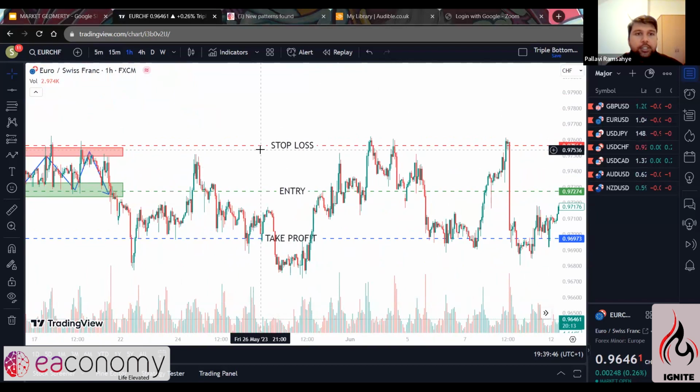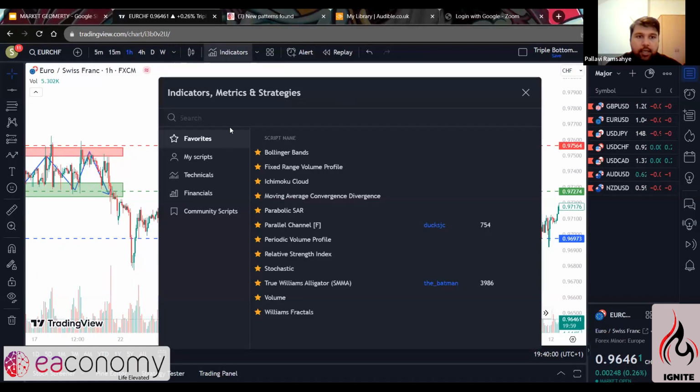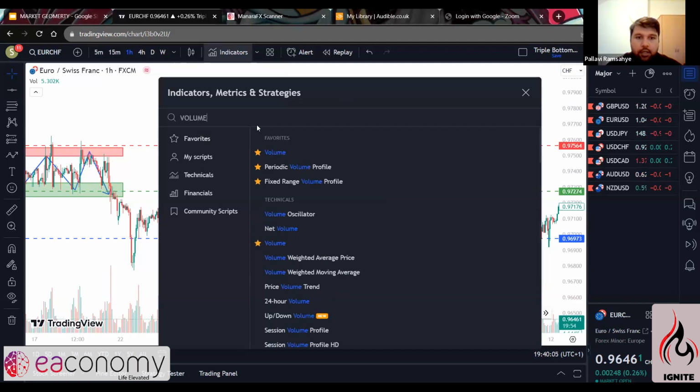Okay, perfect. So I'm going to show everyone again how to enable the volume indicator, assuming everybody uses TradingView. If you click on indicators at the top here, and then we type in volume, the one that I like to use is this one here.